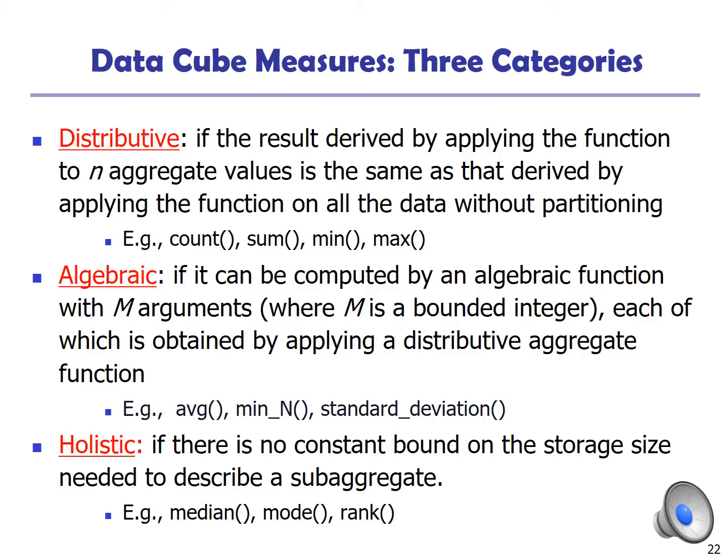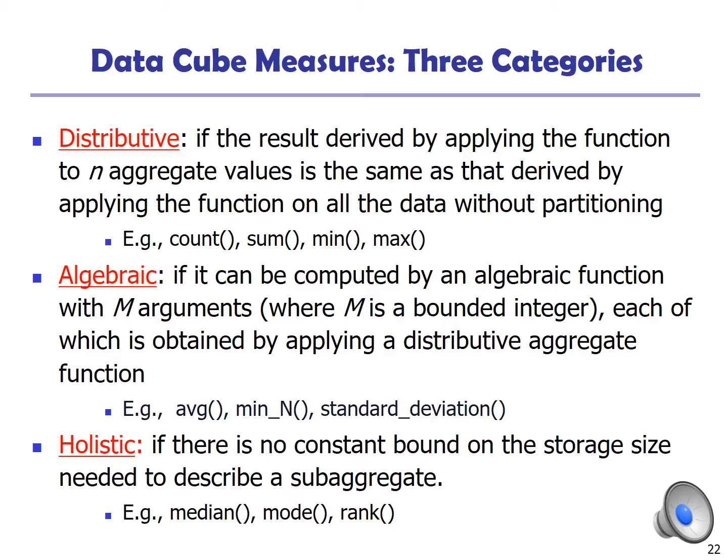Similarly you also have max_N, which finds the first N maximum values. So these are functions. Once again, standard deviation is also a function of mean or average. So your algebraic function uses functions of your distributive measures to calculate a value. So that is your algebraic measure.